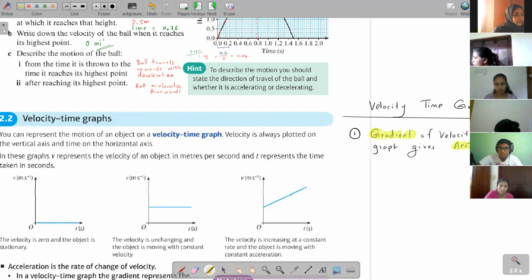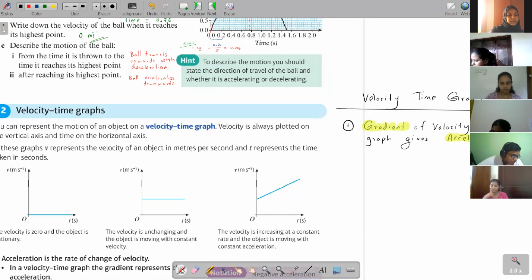These gradient rules are extremely important. The gradient of the velocity time graph gives the acceleration. So it's very important, children, when you are seeing a graph in the paper, that you check the axis, to see whether it's a displacement time graph, a velocity time graph, or an acceleration time graph, because you are learning that also. Checking the axis is absolutely necessary to know what the gradient represents. So the gradient of the velocity time graph gives the acceleration.